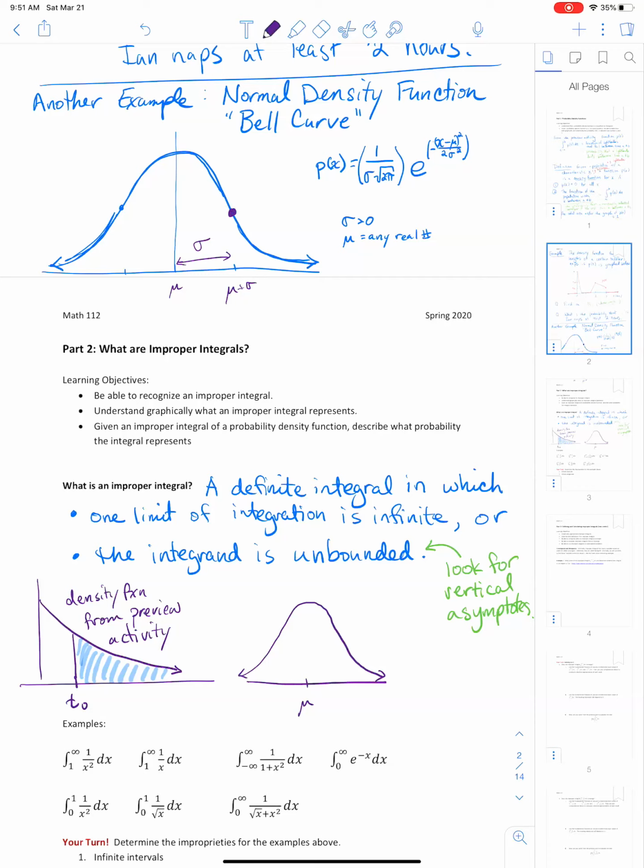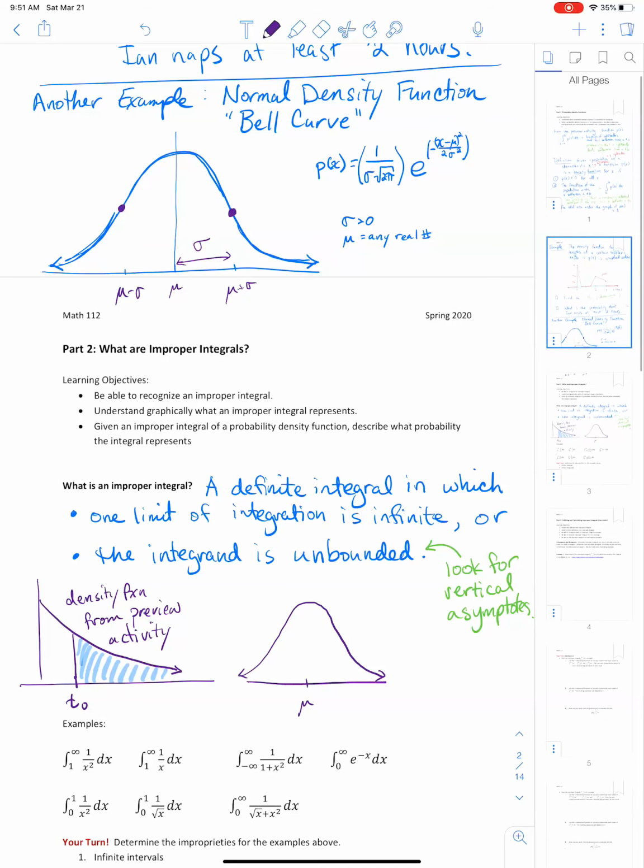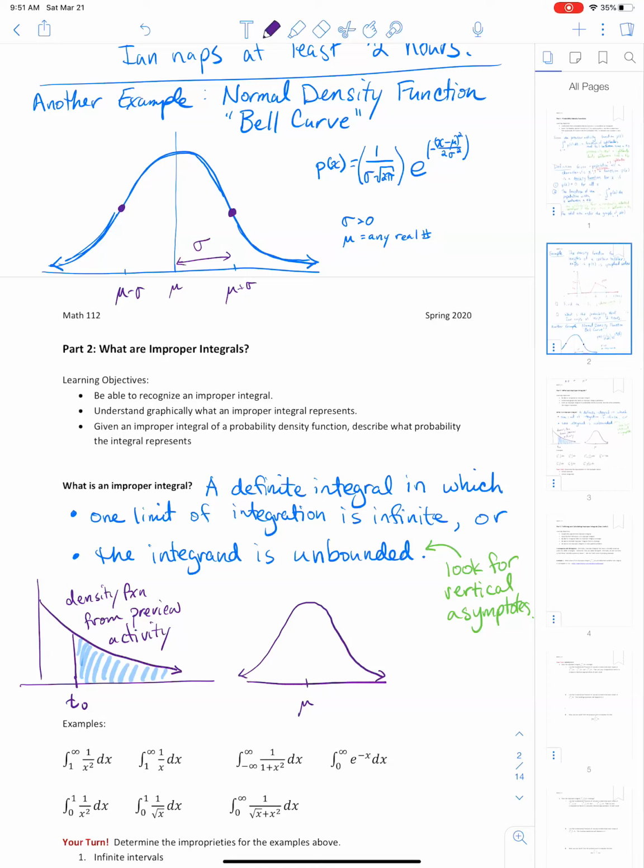So you have mu plus sigma and mu minus sigma are these 2 points. Okay, so then we also have this normal density function. There are many calculations we might want to do at which we would want to end up calculating an area perhaps that extends infinitely far in one direction.